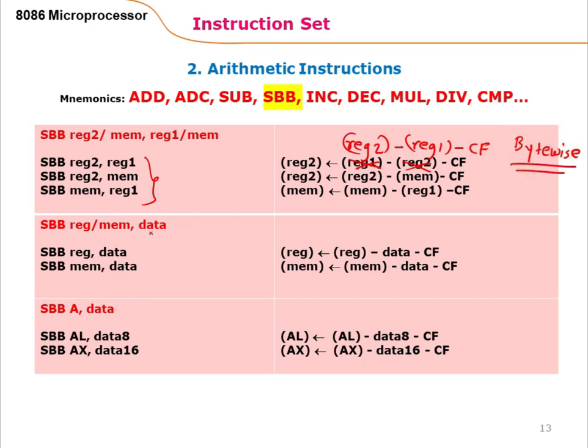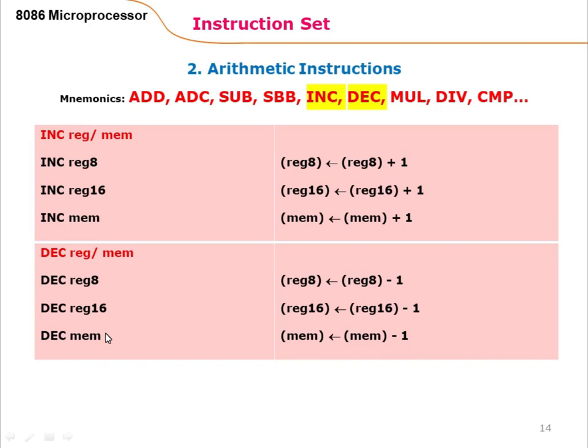So we can use immediate data also. The immediate data can be subtracted from the contents of the register or memory, and the result is stored in the register or memory. We can use this subtraction with borrow on 8-bit. For 8-bit we'll use register AL, and for 16-bit we'll use register AX.